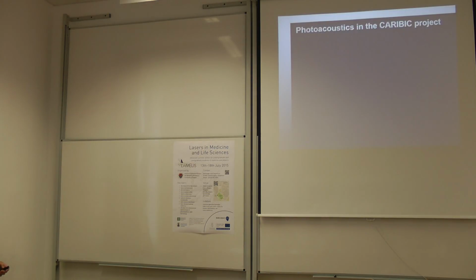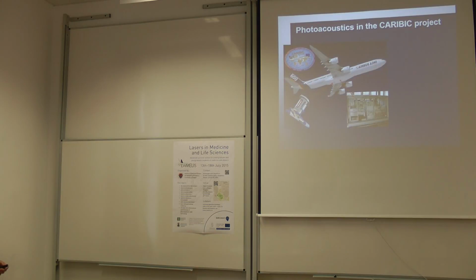We were also able to put our photoacoustic system into an airplane, a commercial airplane. In the CARIBIC project, a big German project, they are using a 1.5 ton instrument rack for measuring a lot of components in the atmosphere during flight.